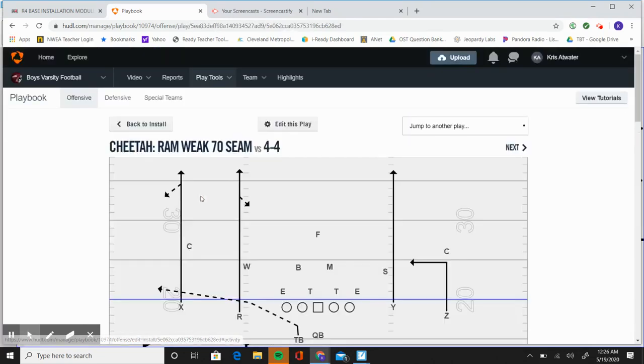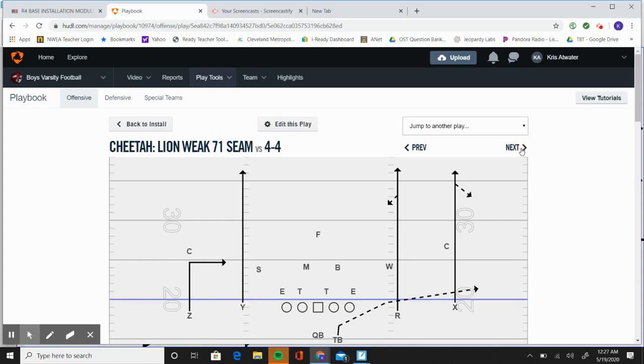We have 4 different sets of that. We have 2 that are out of 2x2 formations. Ram and Lion are 2x2 formations because they have 2 receivers on each side. This is our seam concept out of Ram. This is our seam concept out of Lion, the other 2x2 formation.